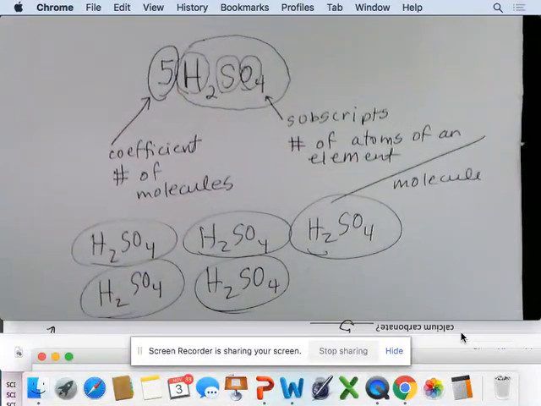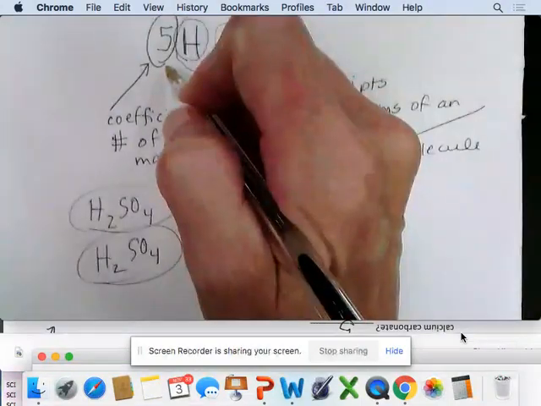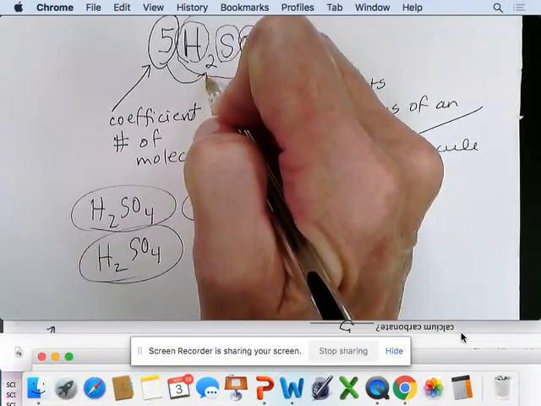Now, if we wanted to find the total number of atoms of each element in a given number of molecules, then what we would do is we would multiply our coefficient by each of our subscripts. So if I wanted to know how many hydrogens, I would say 5 times 2.